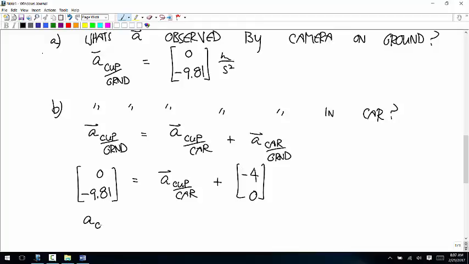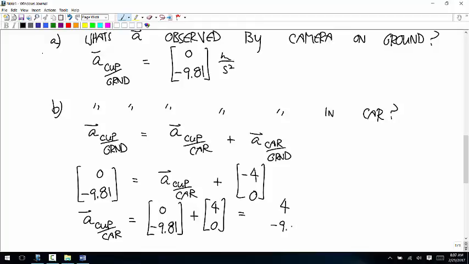And so the acceleration of the cup relative to the car, just do the algebra. You can add +4, 0 to both sides, and you get 0, -9.81 plus 4, 0. And so you get 4, -9.81.